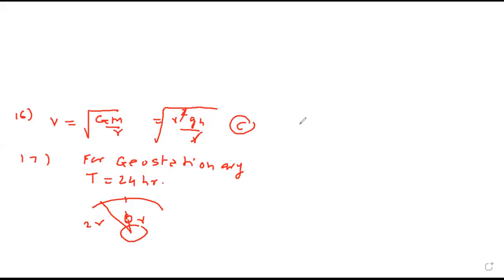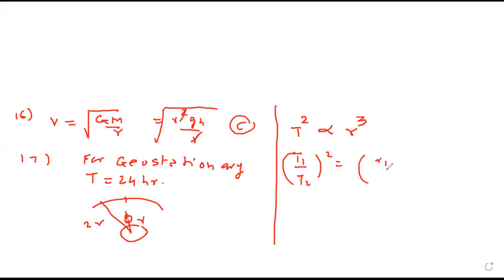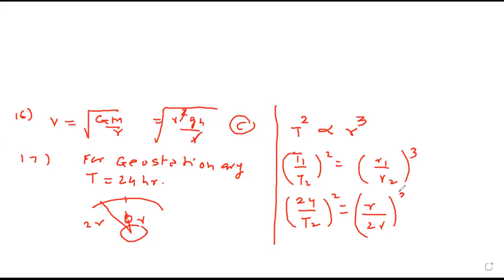Any relation between time period and orbital radius? T square is proportional to r cube. This is the relation. So T1 upon T2 whole square will be R1 upon R2 raised to 3. T1 is 24 hours, T2 we want. R1 is R, R2 is 2R. 2 cube means 8.